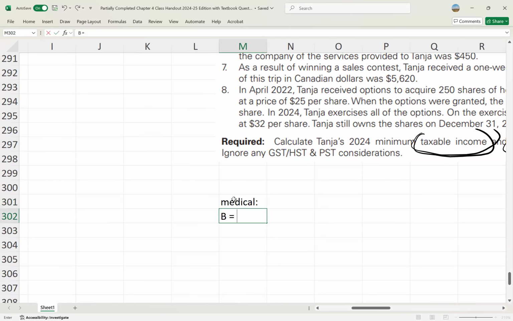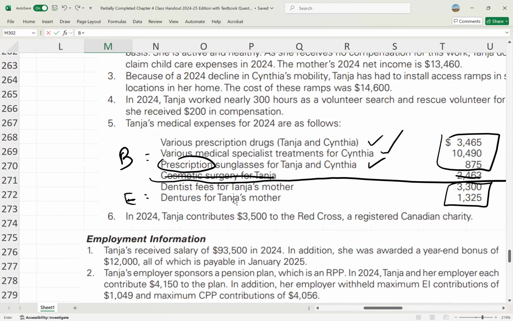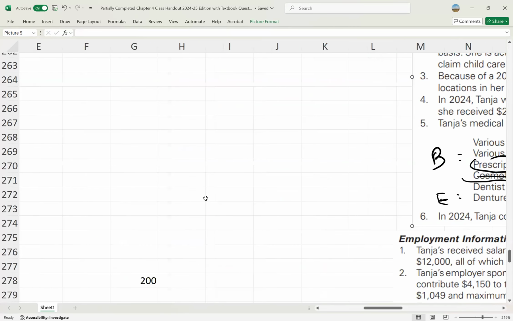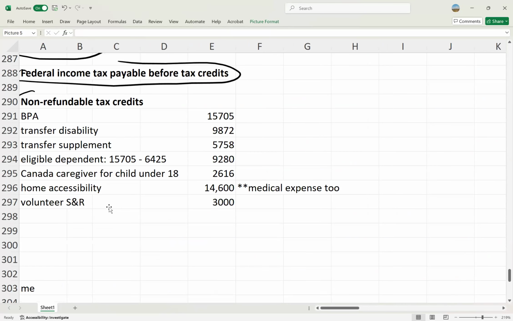So B would be, what are those amounts again? 3,465, 10,490, and 875, 14,830. But then remember, we also had the ramps that were installed as well, and that was the 14,600.